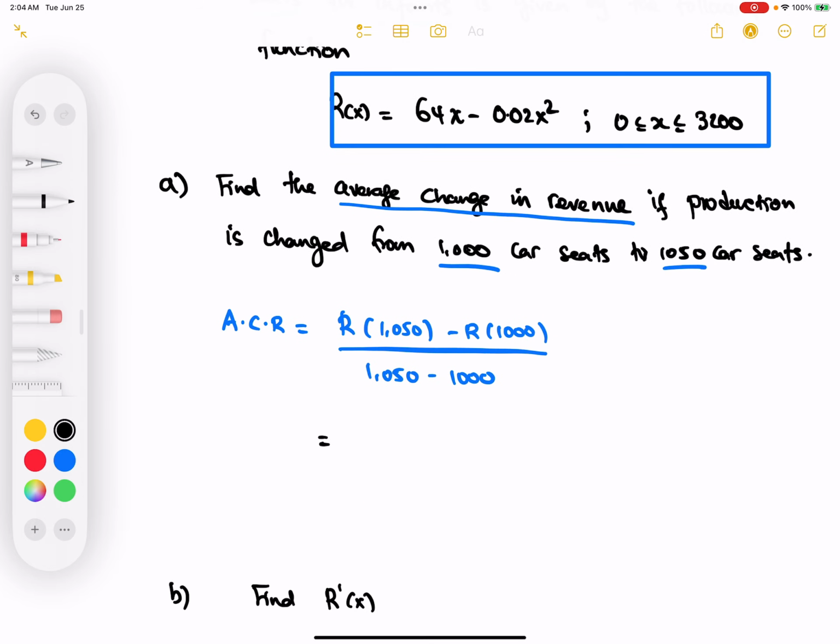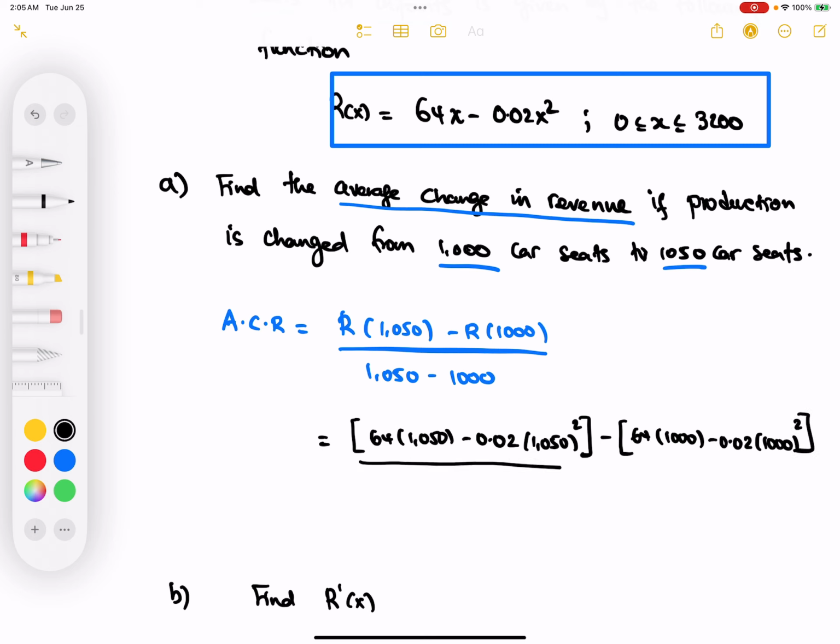This means you have to substitute. This is 64 times 1,050 minus 0.02 times 1,050 the whole square for the first one. Minus, use parentheses carefully, 64 times 1,000 minus 0.02 times 1,000 the whole square. The bottom one is 50.